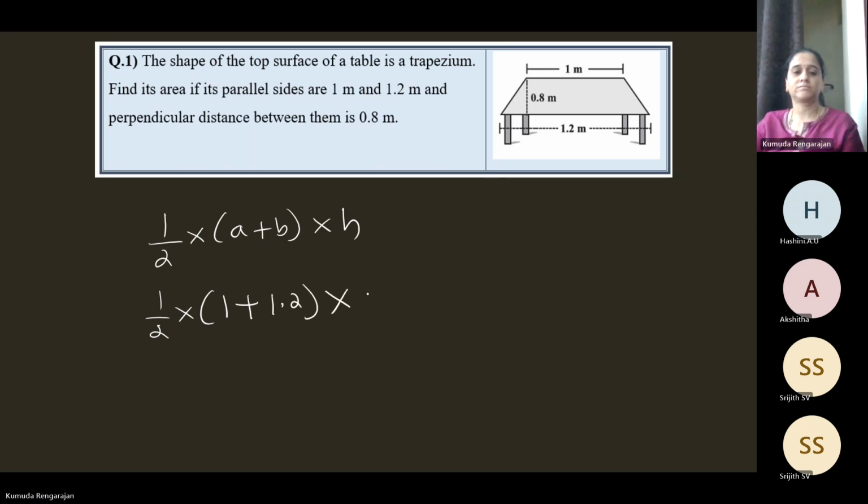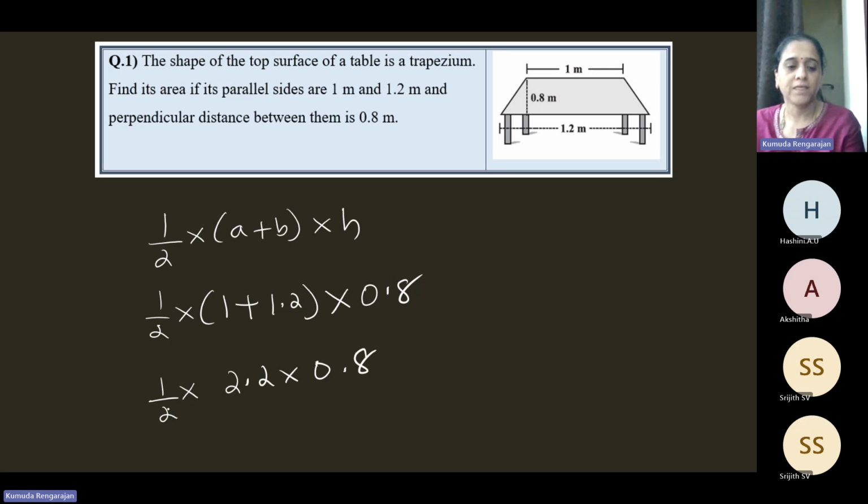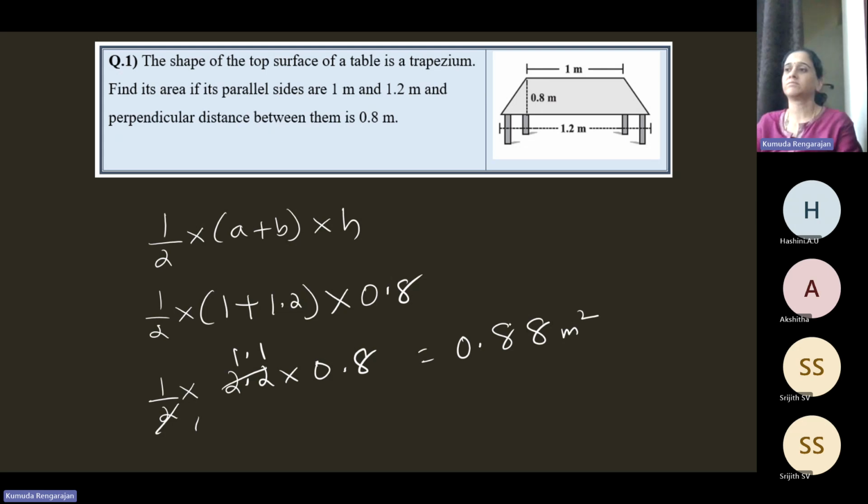H? 0.8. What is 1 plus 1.2? 2.2. Into 0.8. So 2 ones are 2, 1.1 times 8, 11 eights are 88. And 2 decimal places, 0.88 meters square, correct?